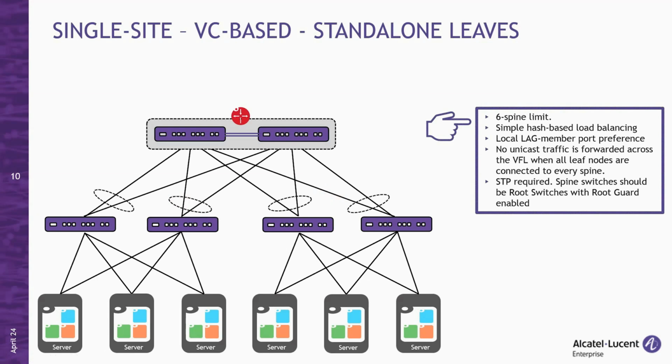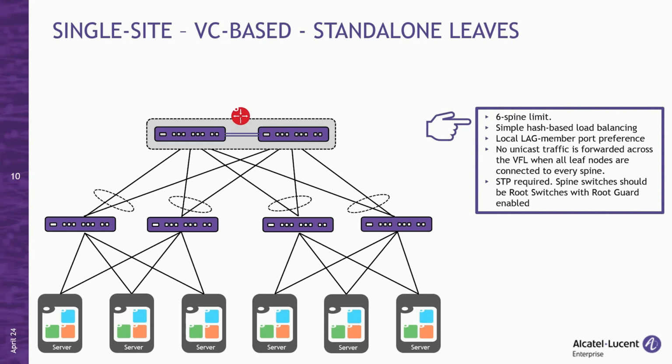In this slide, we're showing standalone leaves with the hypervisors connecting without link aggregation. So the virtual chassis-based architecture provides simple active-active and hash-based load balancing at both layer 2 and layer 3. Inter-subnet routing at the spine virtual chassis takes advantage of the virtual chassis high availability and load balancing without any additional redundancy protocols such as VRRP.